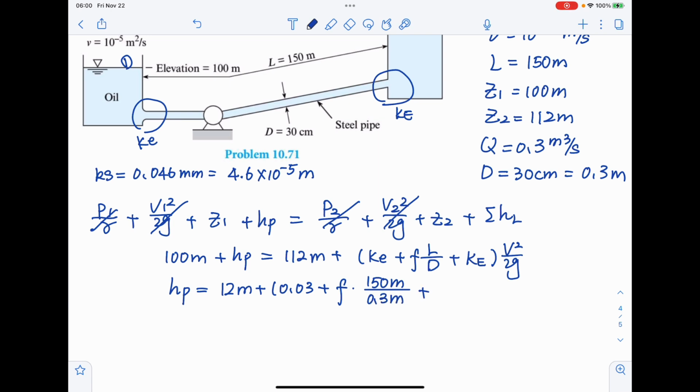And the exit is one here. It's 2g. Okay.